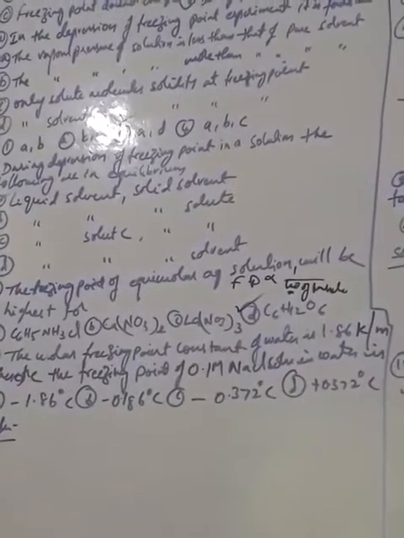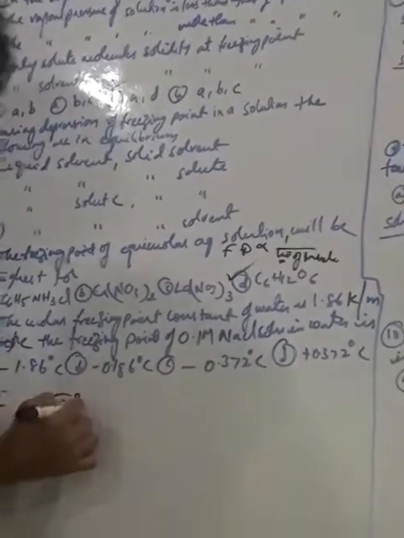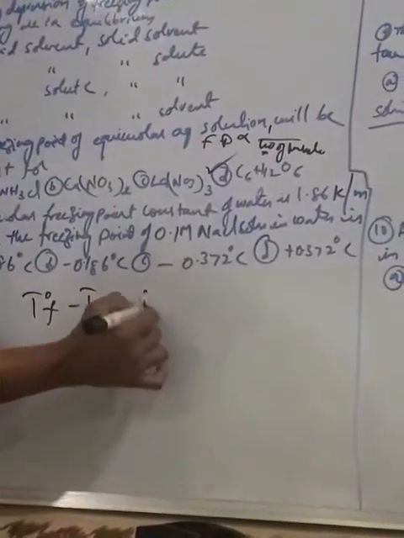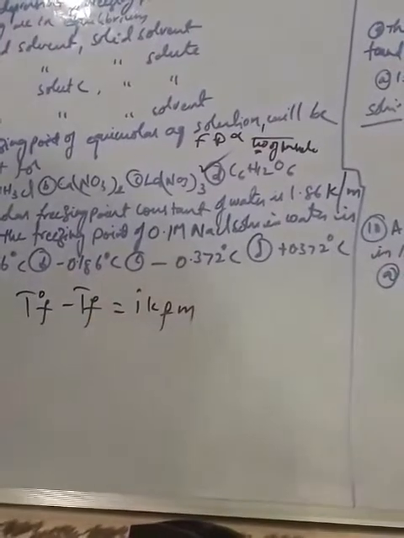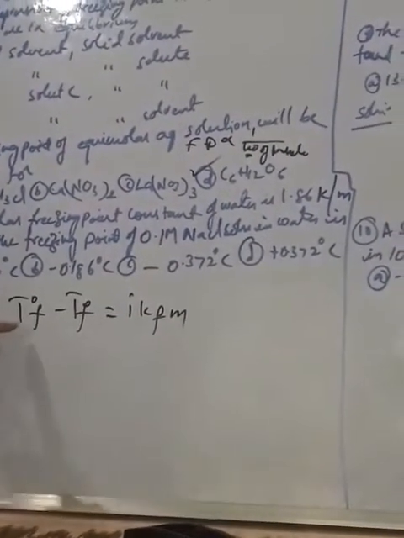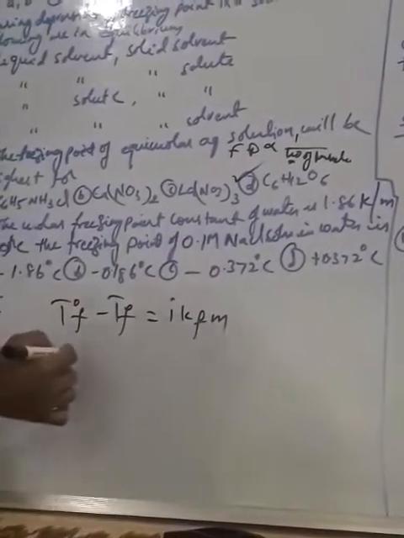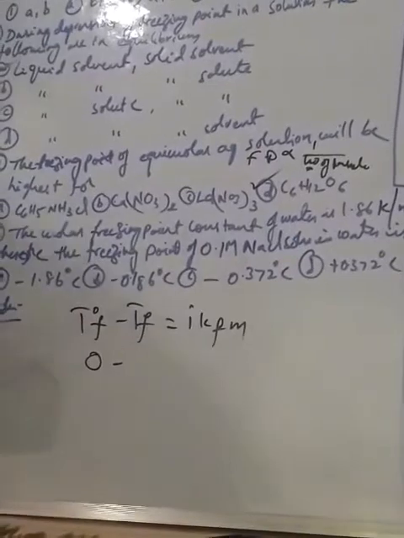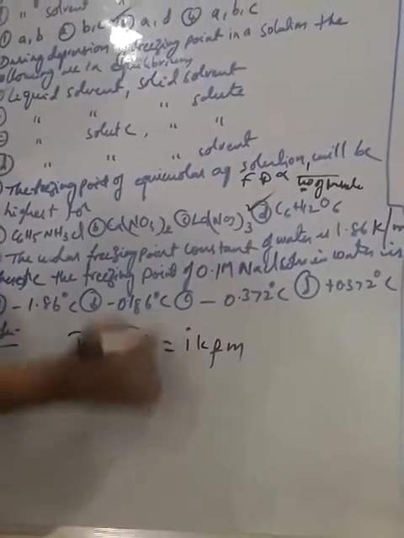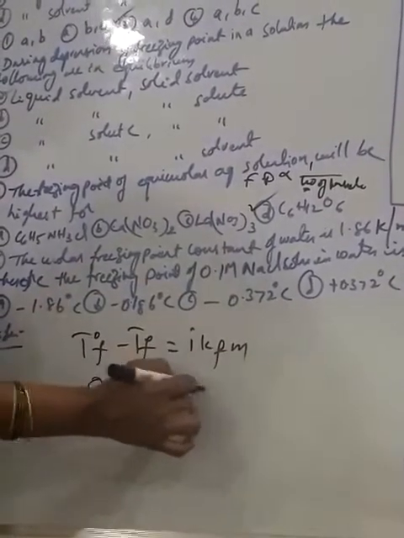So here the formula is T0f minus Tf equals i into Kf into m. T0f, the freezing point of water, is 0 degrees centigrade. Then Tf we have to calculate now. i is the number of particles; NaCl has 2 particles.